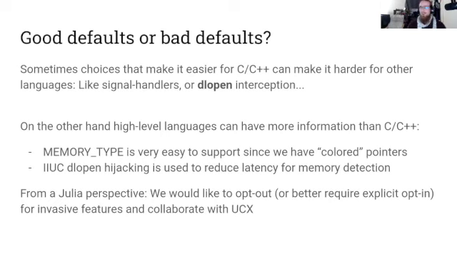In high-level languages like Julia, and I think also Python, we do know when an allocation came from CUDA. We had to deal with that especially to begin with. So we have more information. So this development towards having a memory type is actually great. The bigger challenge, of course, is that I can support it directly in UCX, but how do I tell OpenMPI that, by the way, this is a CUDA memory pointer?